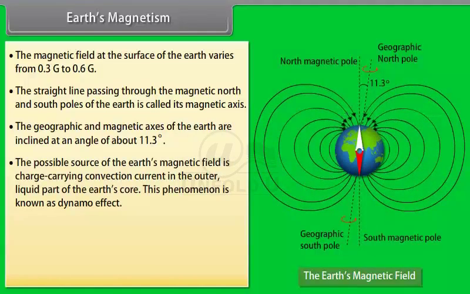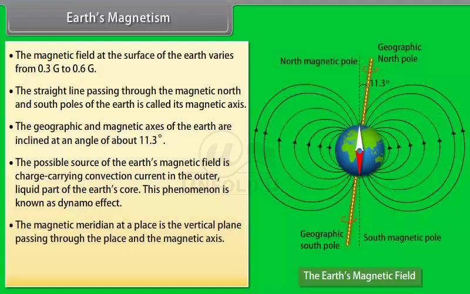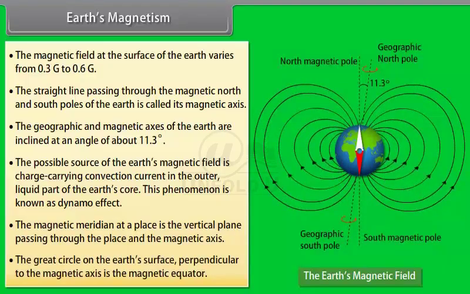The possible source of the Earth's magnetic field is charge-carrying convection current in the outer, liquid part of the Earth's core. This phenomenon is known as dynamo effect. The magnetic meridian at a place is the vertical plane passing through the place and the magnetic axis. The great circle on the Earth's surface perpendicular to the magnetic axis is the magnetic equator.